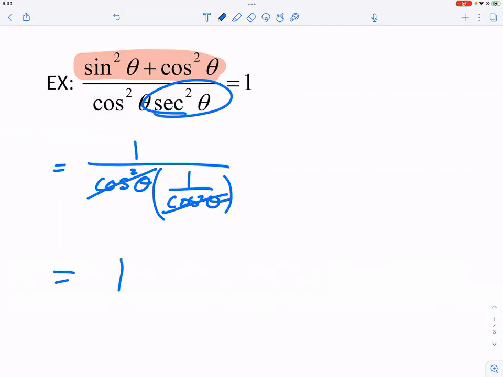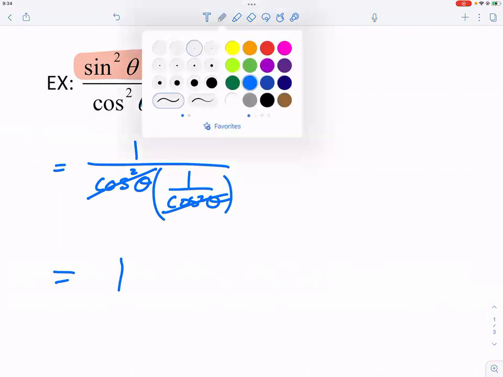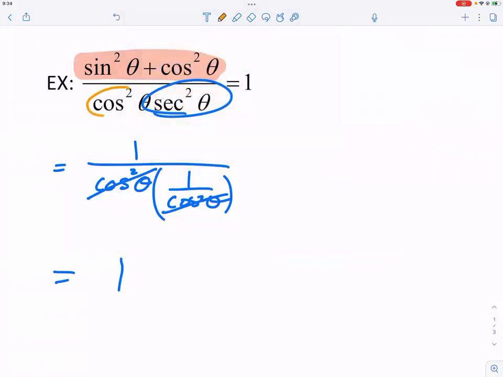You cancel what? You cancel out this cosine and this cosine? You cannot. You know why though? Because we're adding. You cannot do that. Now this is also the value of this topic, because this topic is going to run through a bunch of simple algebraic skills, like doing common denominators, simplifying.